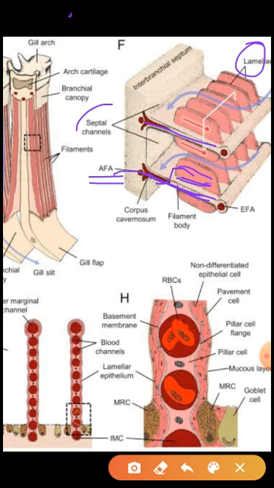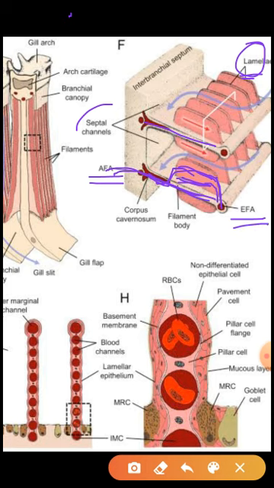And they will rejoin into what? Into the efferent filament artery, right? The afferent filament artery is with deoxygenated blood, and it is making capillaries where? In the gill lamellae, in each lamella, right? And then it will rejoin into the efferent filament artery with oxygenated blood.